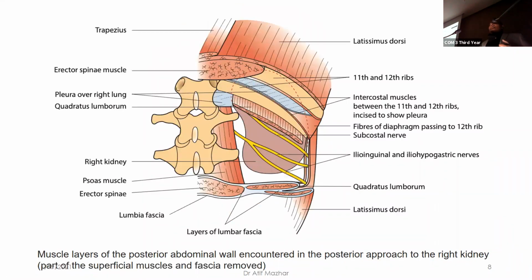So now you're looking closely at how the kidney posteriorly is related to some really important structures. As I told you, there are some muscles, there are ribs, and these are the nerves. Subcostal, iliohypogastric and ilioinguinal nerves are there, and we have to be really cautious when we are doing different procedures on the kidney.